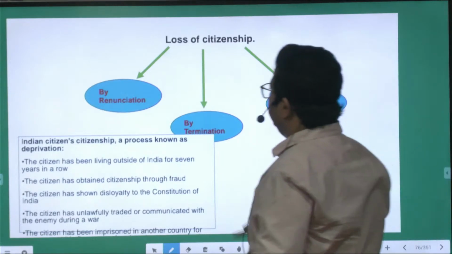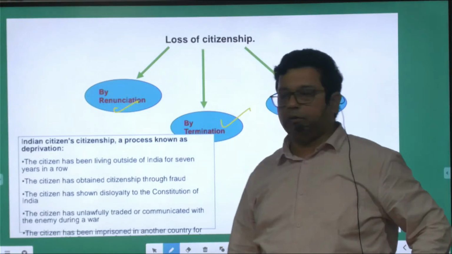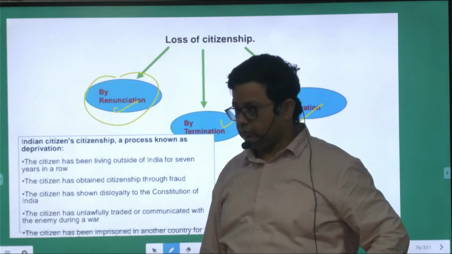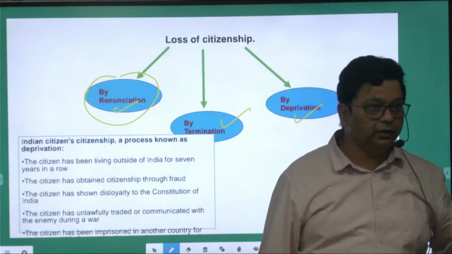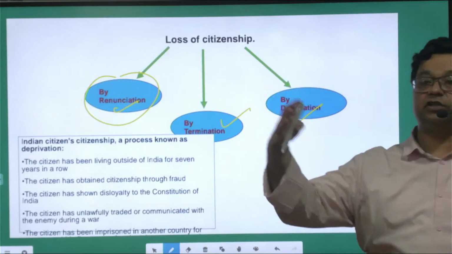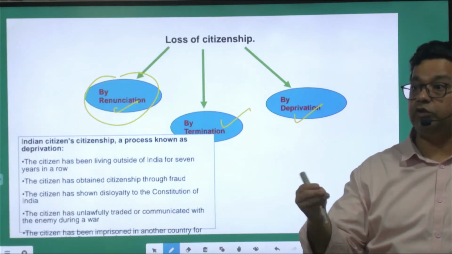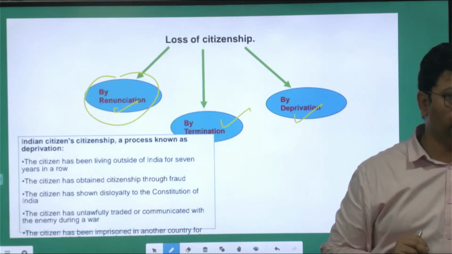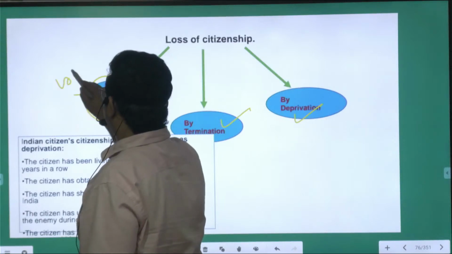So there are 3: renunciation, termination and deprivation. What is renunciation? It is a voluntary act. Any person who voluntarily acquires a different nation's citizenship has to renounce, resign, give up his Indian citizenship. Are you getting my point? So this is voluntary.